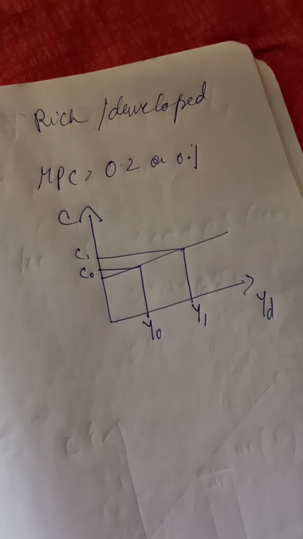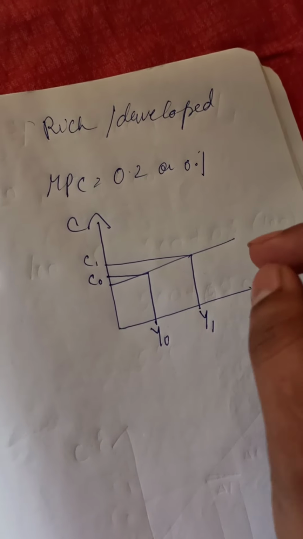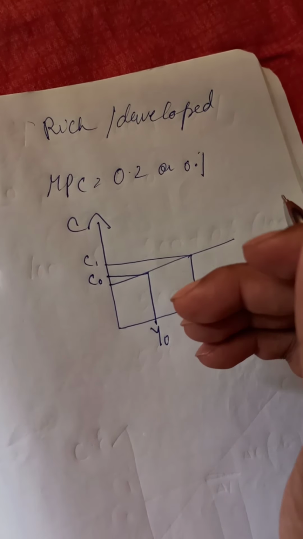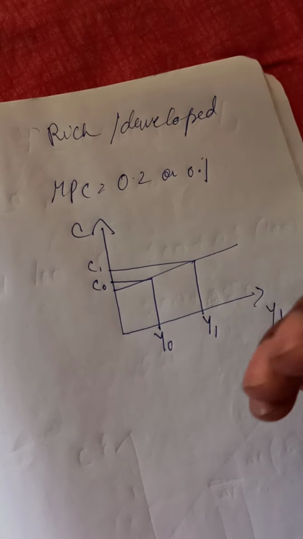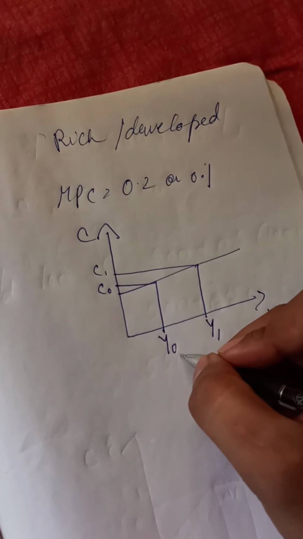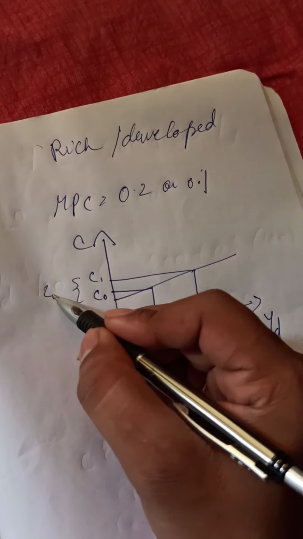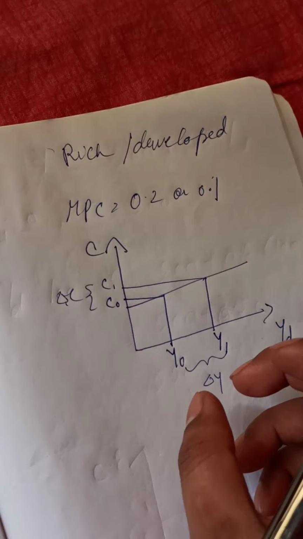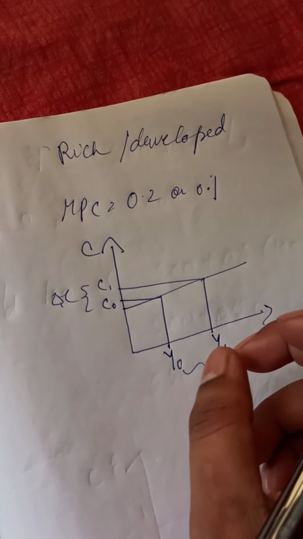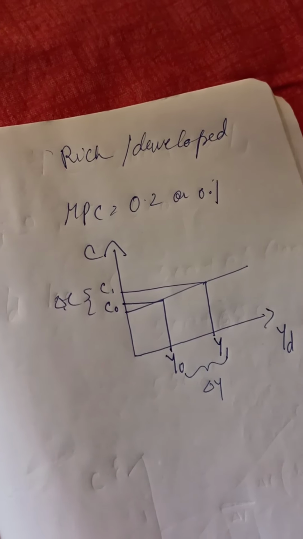So for a rich person, the additional income does not lead to a very high level of consumption. Your income has increased by a huge amount, del Y is very high, whereas your del C is very low. So it implies that additional income has resulted in only a 20% or 10% increase in consumption.